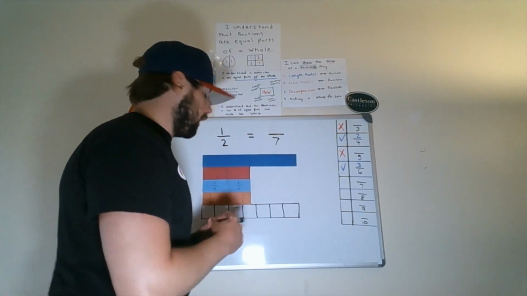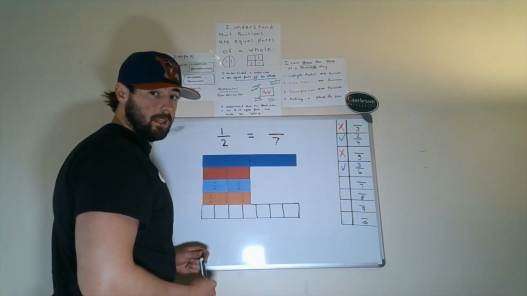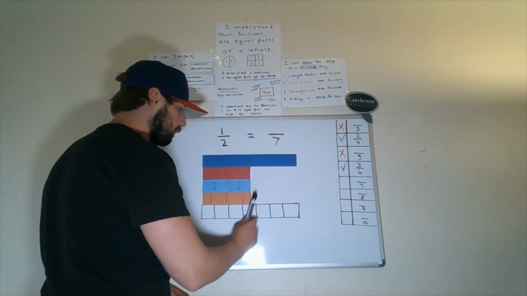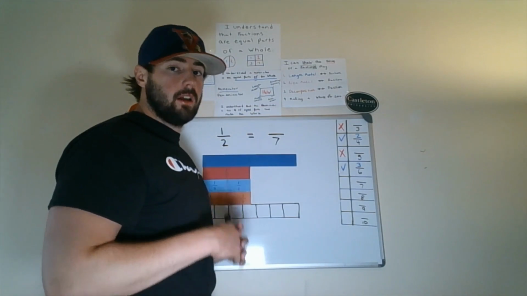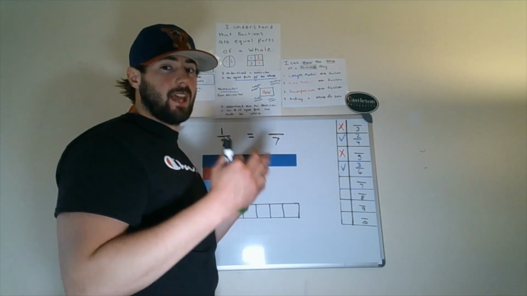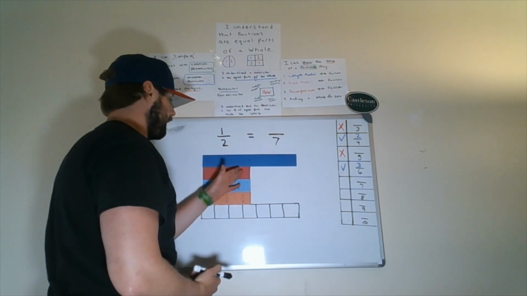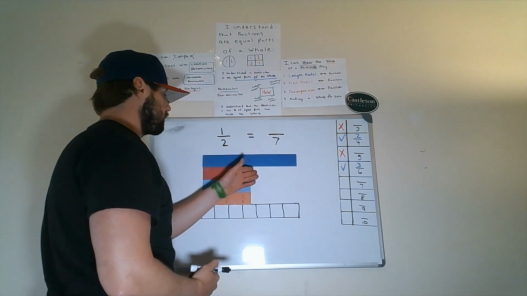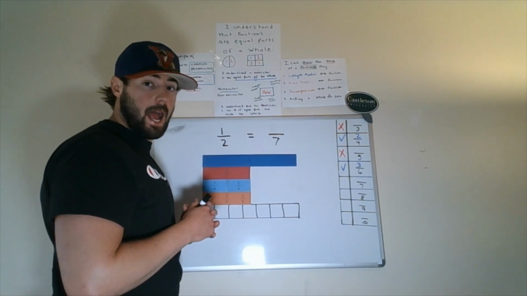Used my knowledge of fractions. I made that whole. I then partitioned it into 1, 2, 3, 4, 5, 6, 7 equal parts to make that whole. Talking about sevenths, and that's 7 equal parts to make that whole. We are comparing it to, we're trying to find equivalent fractions to 1/2.